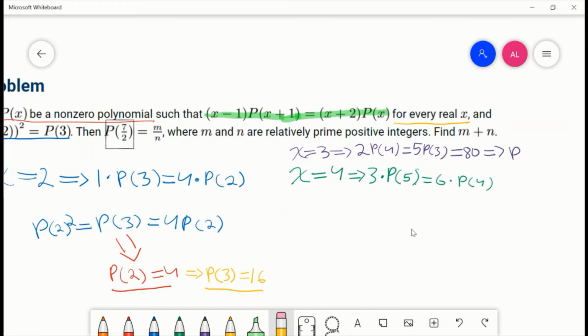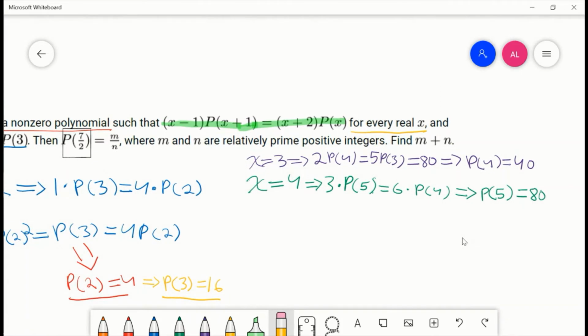And eventually we get that p of 4 is equal to 40. I guess this is just a combination of this green identity and the two identities we derived earlier. And now we can use this to find p of 5 with this green identity. So this yields 80. And we just keep going, deriving a whole set of polynomial identities.